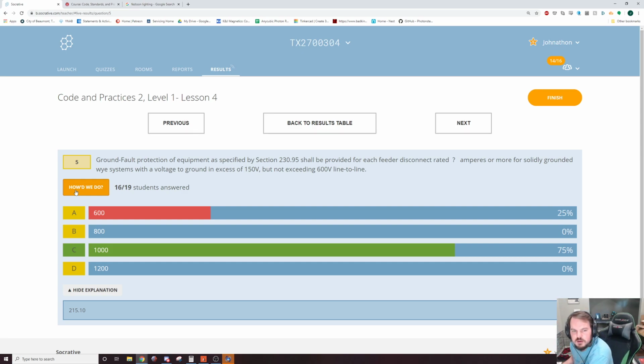And we just have to look through that for a minute. Ground fault protection of equipment as specified in 230.95 for each feeder disconnect rated 1000 amps or more. Sorry.